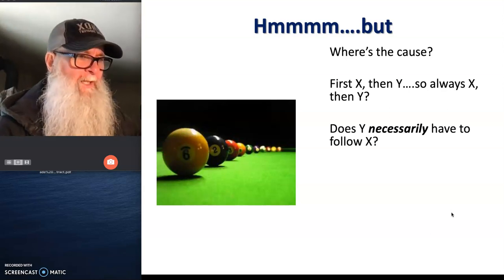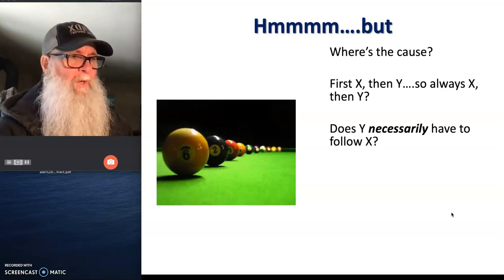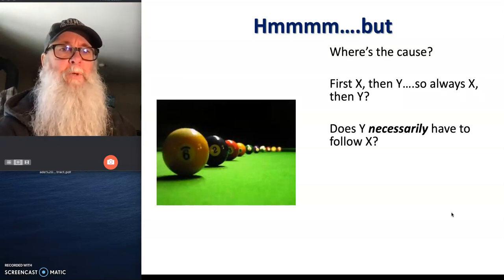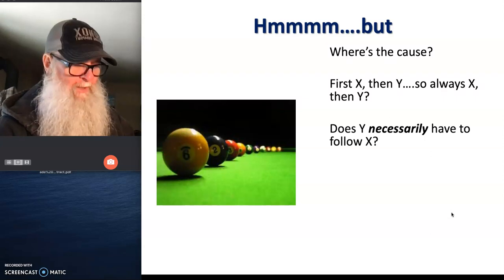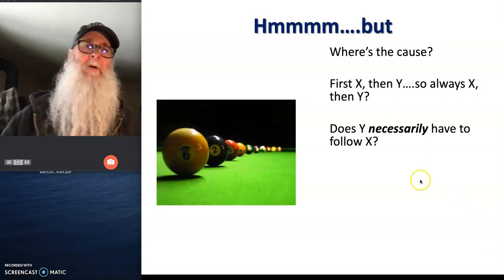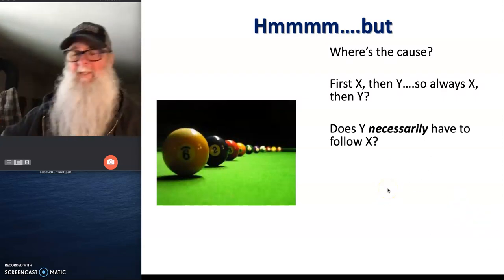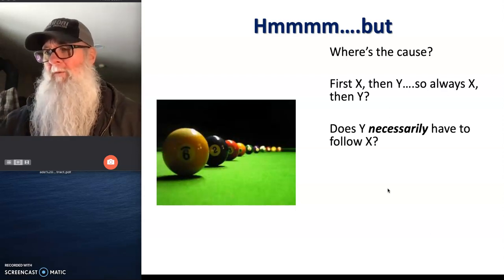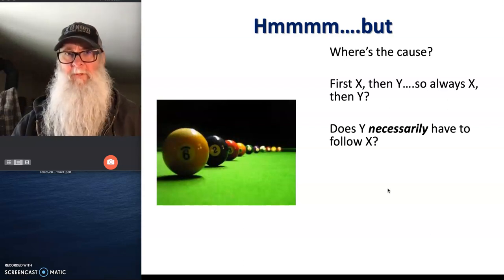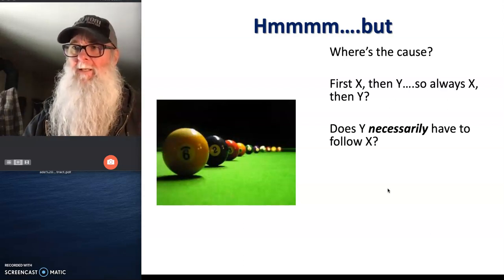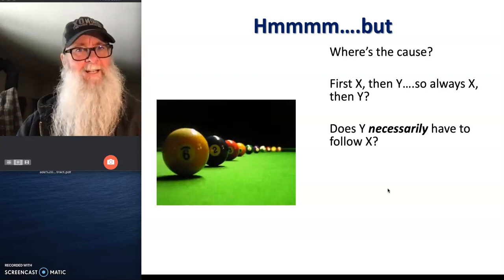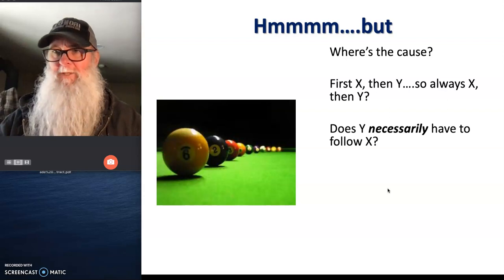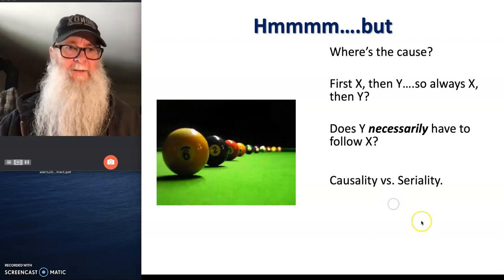Is it always the case that when we strike the cue ball, that will cause some movement in the cue ball or some transfer of energy into the cue ball? Is it necessary? In other words, is it logically necessary that the cue ball move some distance after being struck with the pool cue, in the same way that it's logically necessary that it either be raining or not raining at a given moment? And we'd say, well, no, it's not like that. It's not a logical necessity that one event follow the other.